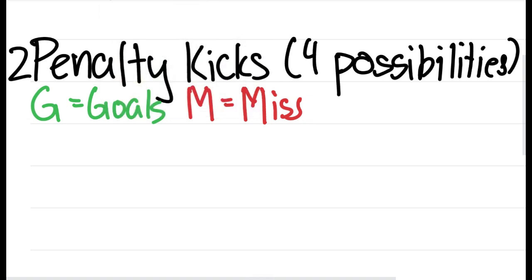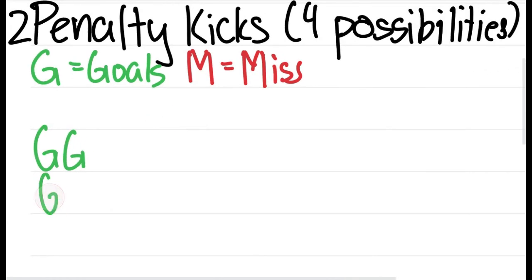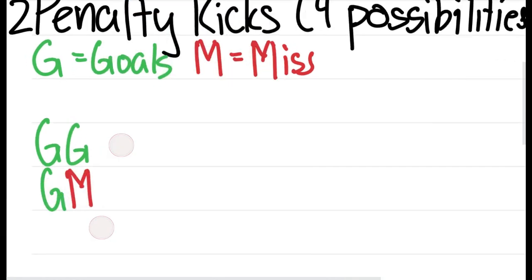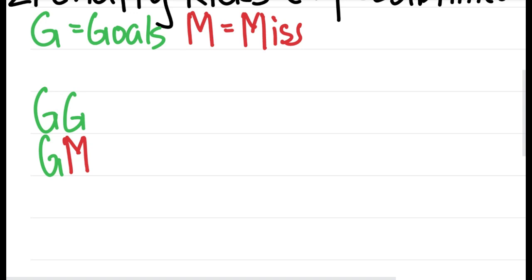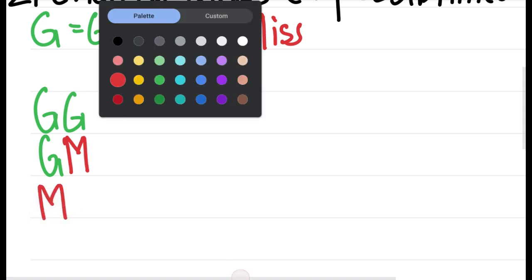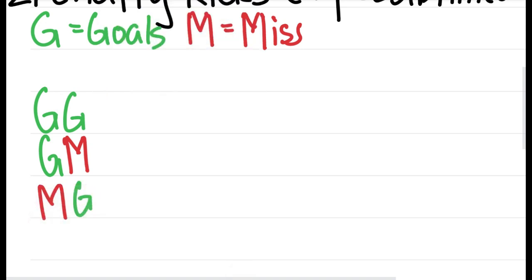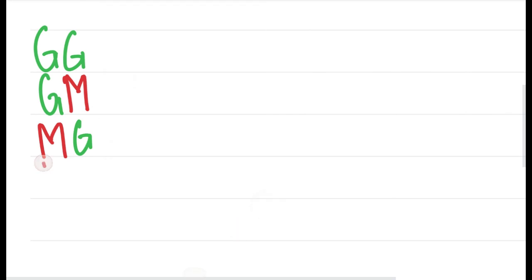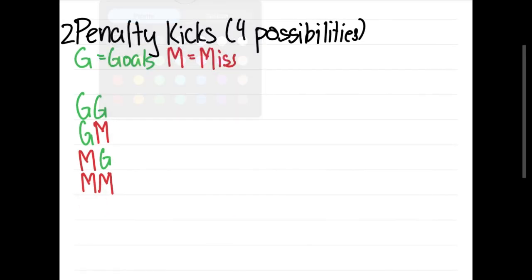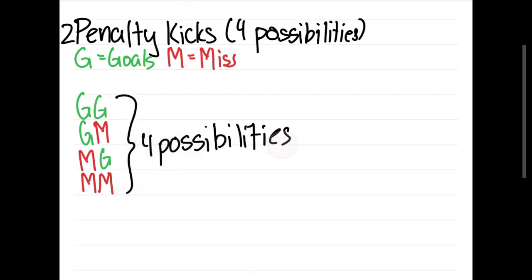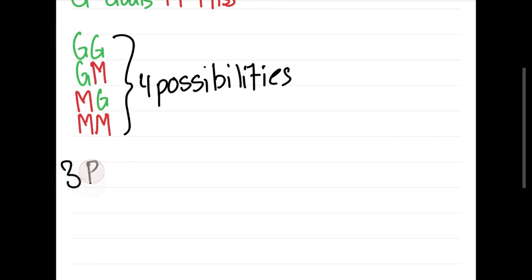So one way is to score both goals. Another way is to score a goal and miss. And we can actually reverse this: we can miss first and then goal last. And of course, sadly, there's also a miss and miss. So as you can see here, there are four possibilities.